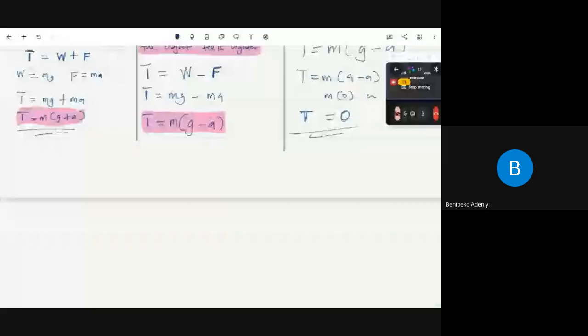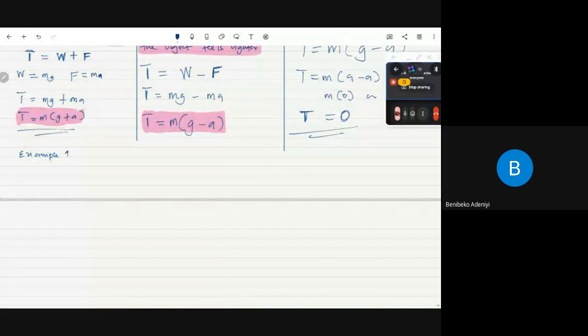The question says, an elevator of mass 4,800 kilograms is supported by a cable which can safely withstand a maximum tension of 60,000 Newton. So the mass of the elevator is 4,800 kilograms, and the tension the cable can withstand is 60,000 Newton.